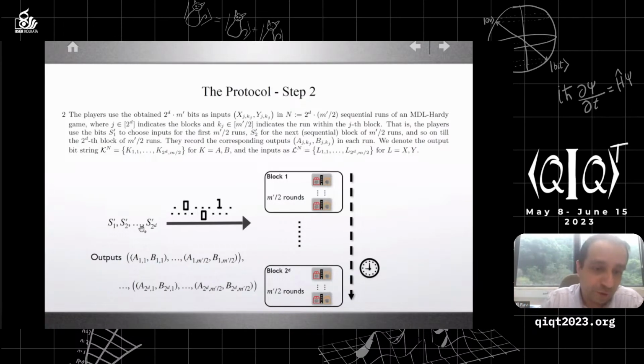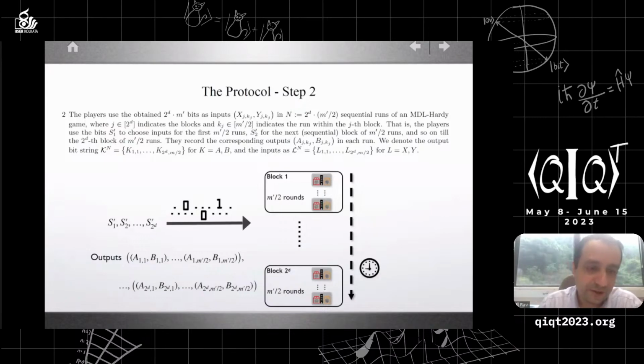Now, because we only have randomness in one of these Sj primes, we can only get randomness from the outputs of that particular block, because the rest of these inputs may not have randomness, which means that even if the outputs look random, they may have been generated by a deterministic procedure.